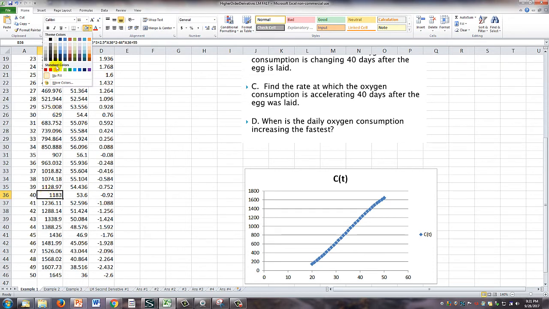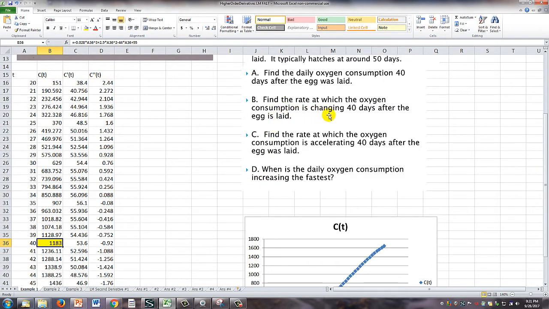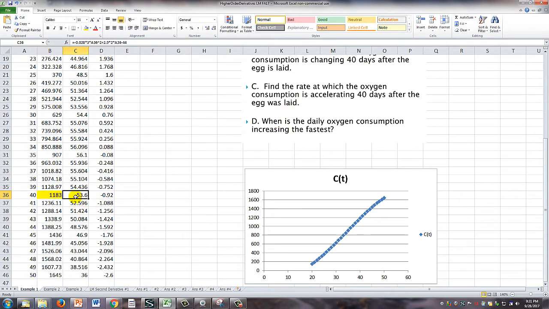1,183 milliliters right here. And then the second question, find the rate at which the consumption is changing 40 days after the egg is laid, and that's the first derivative, because first derivative is a rate of change.